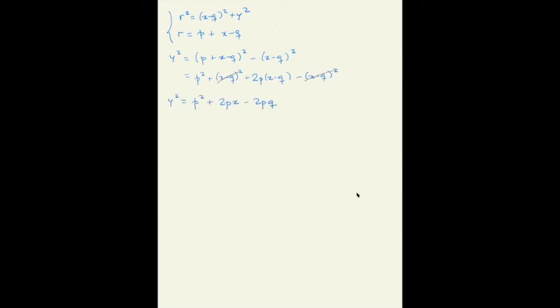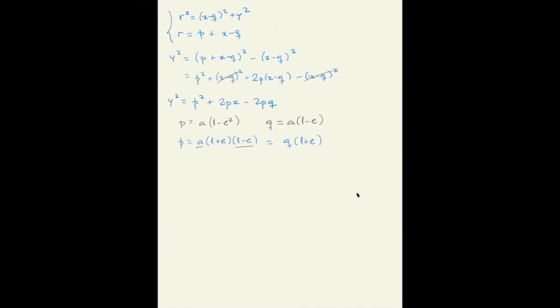Now, if you consider again the definitions of the semilatus rectum, p is equal to a times 1 minus e squared, and q, the perihelion distance, is a times 1 minus e. Then if you write the semilatus rectum as a times 1 plus e times 1 minus e, you can substitute the q in here. This is equal to q times 1 plus e.